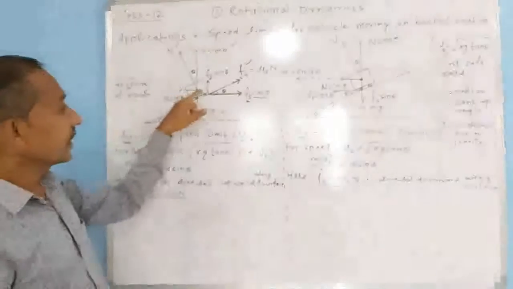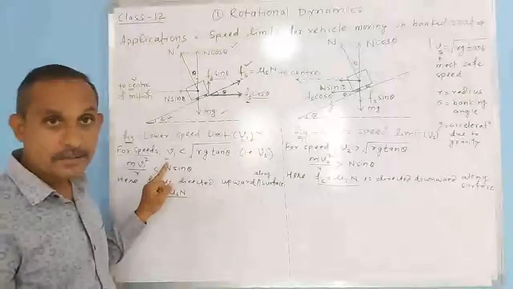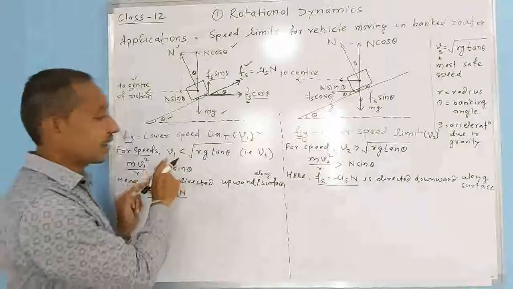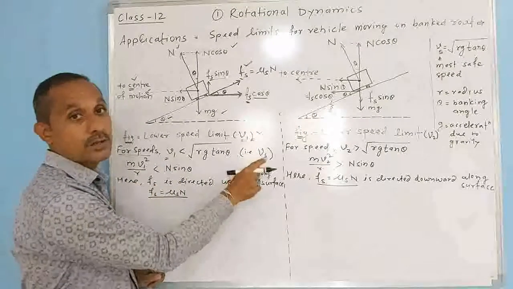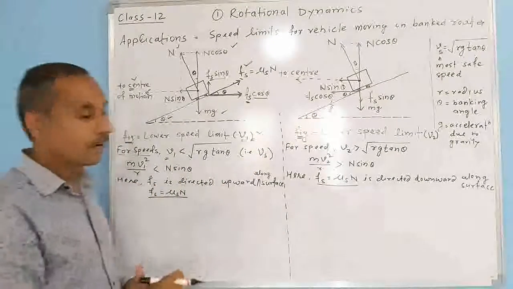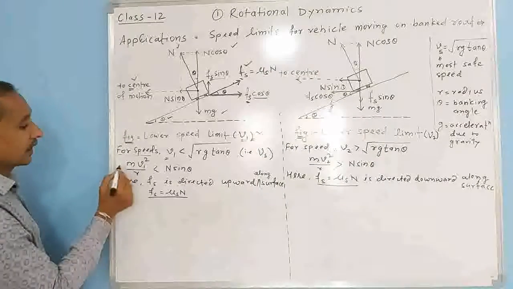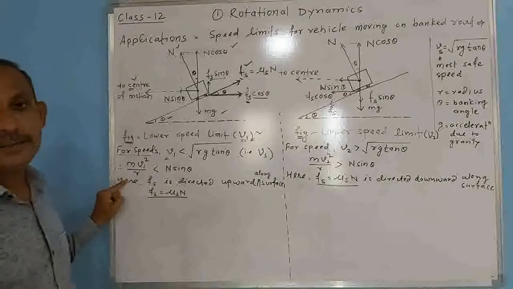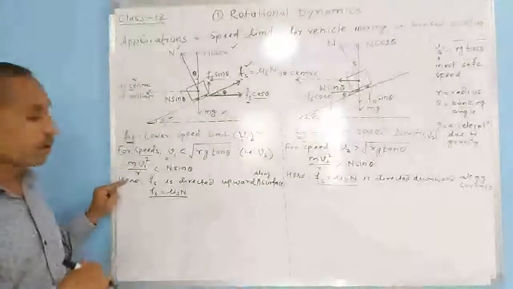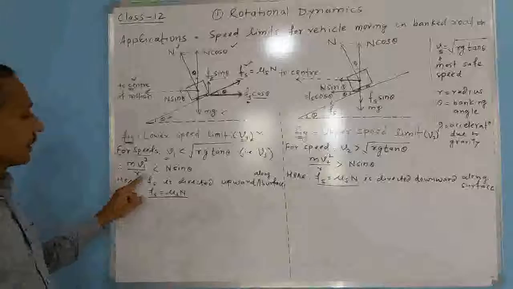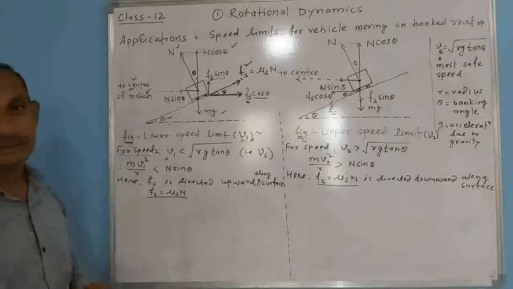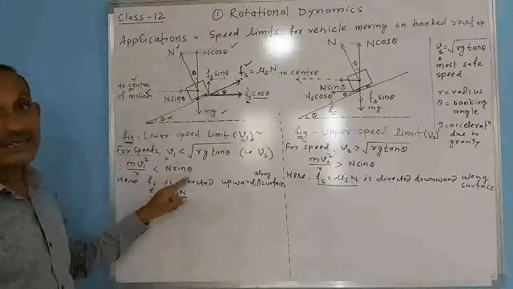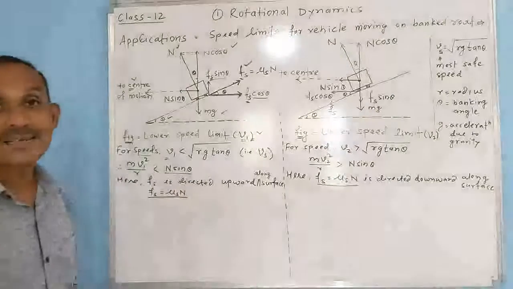Whenever the vehicle has lower speeds, meaning the speeds are lesser than the safe speed, the required centripetal force of the vehicle will be smaller than n sin theta. What is n sin theta?